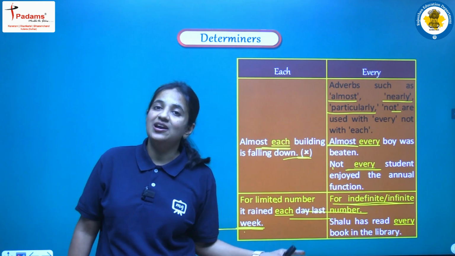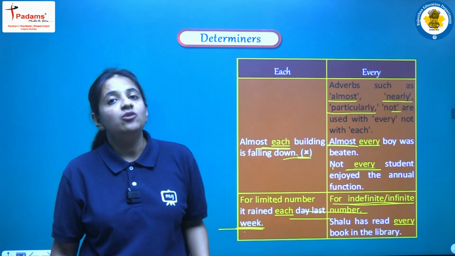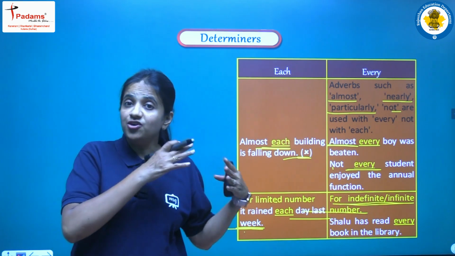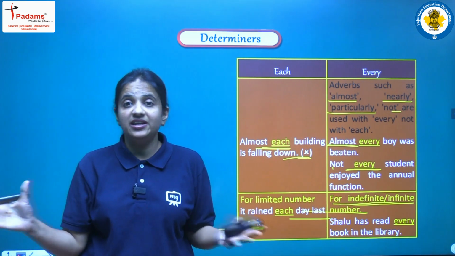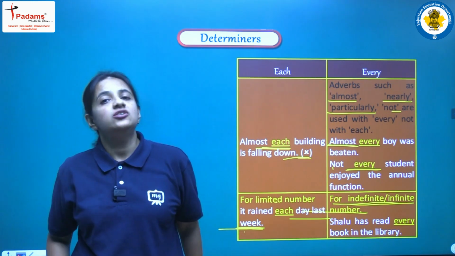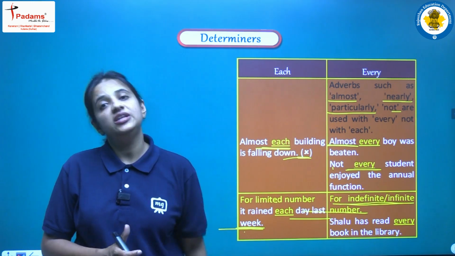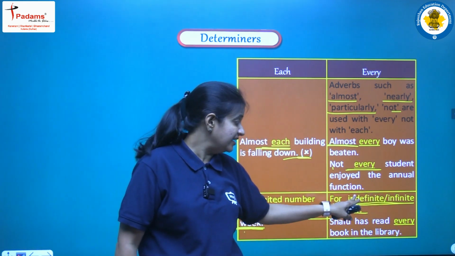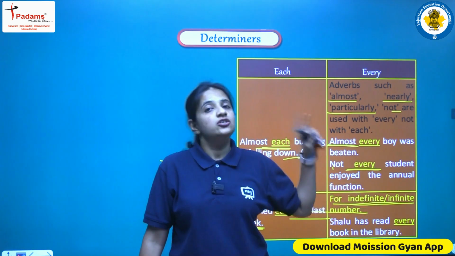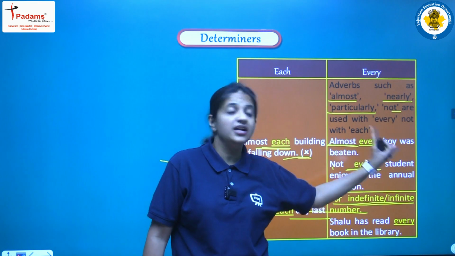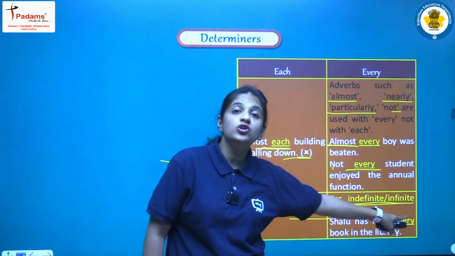So here we are talking about one library, and now just tell me, can you guess the number of books that are there in a library? No, because a library is always full of books. So the number of books in this library, that is actually infinite, or we can say indefinite. So when we are trying to indicate something that is indefinite, or infinite, then we have to use every.